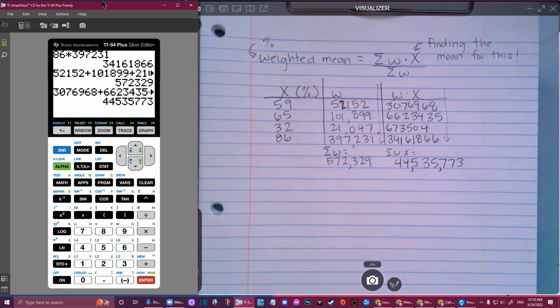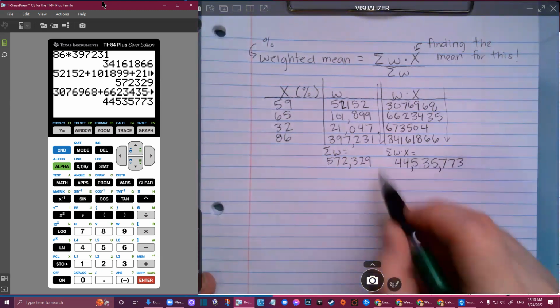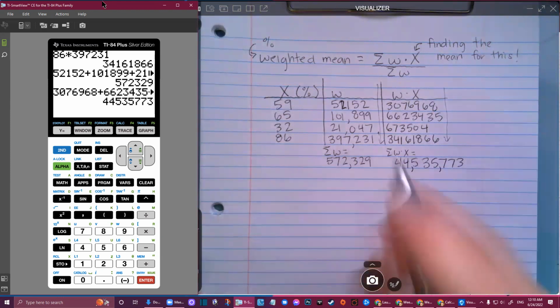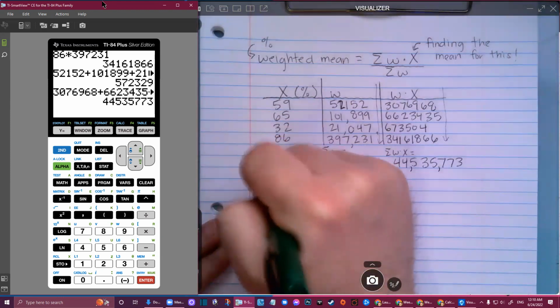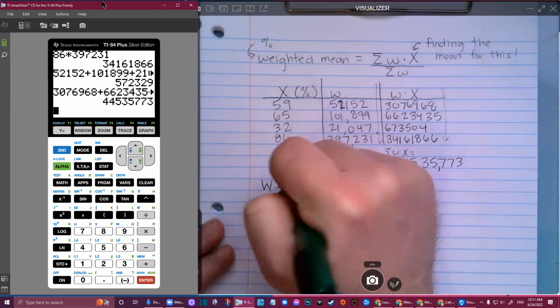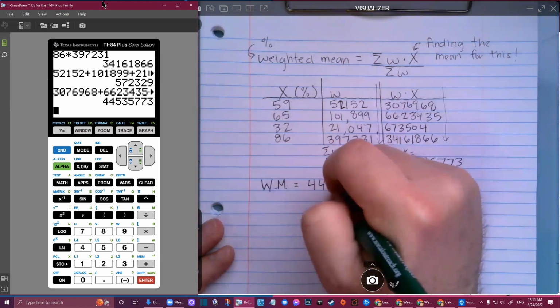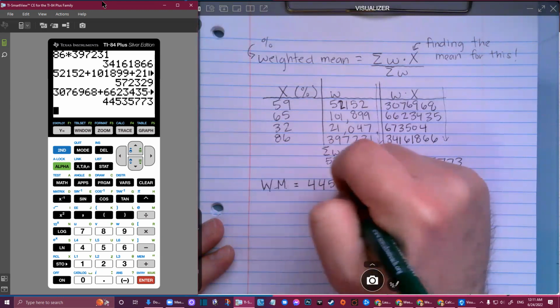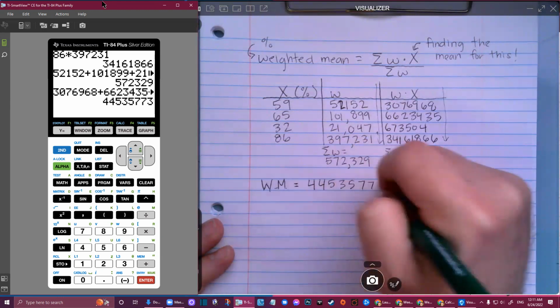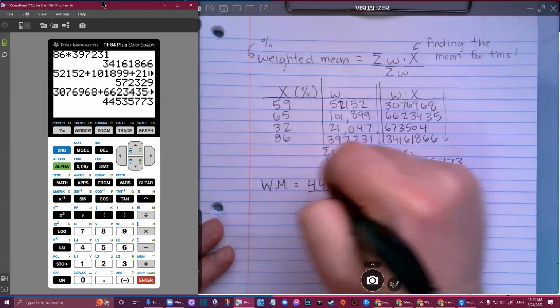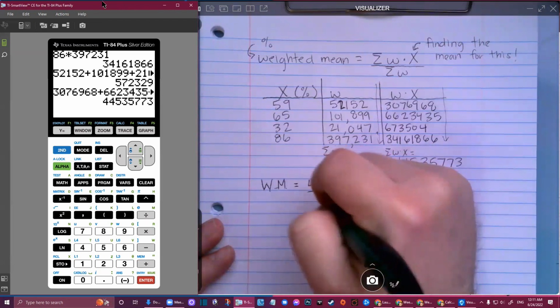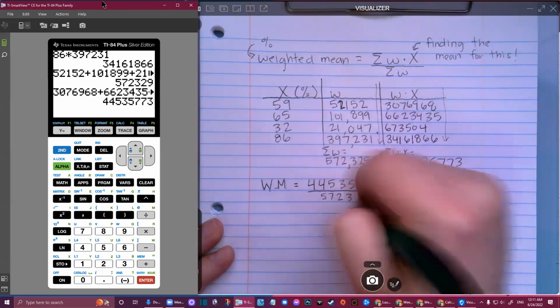We then divide the W times X by the W. So our weighted mean, I'm going to shorten this to WM, is going to be that big long number, 44,535,773 divided by 572,392.